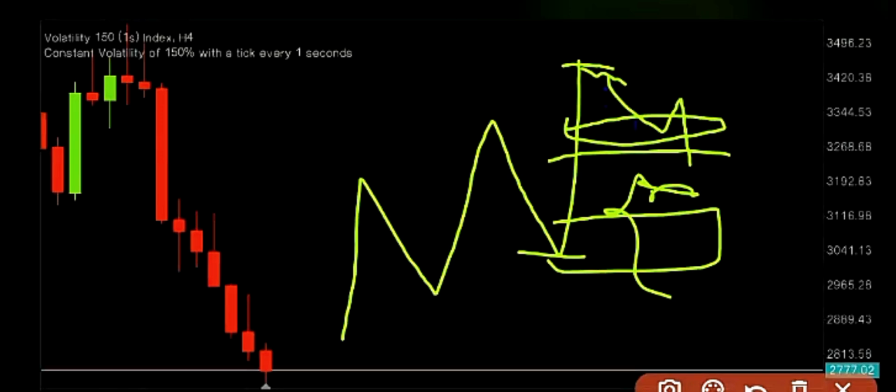Above 50 is the premium zone, and below 50 is the discount zone. Above 50 for selling is premium, and below 50 for buying is discount. There's also a golden zone to buy from, and I'm going to tell you all that when I start the analysis. That is just the basic idea.